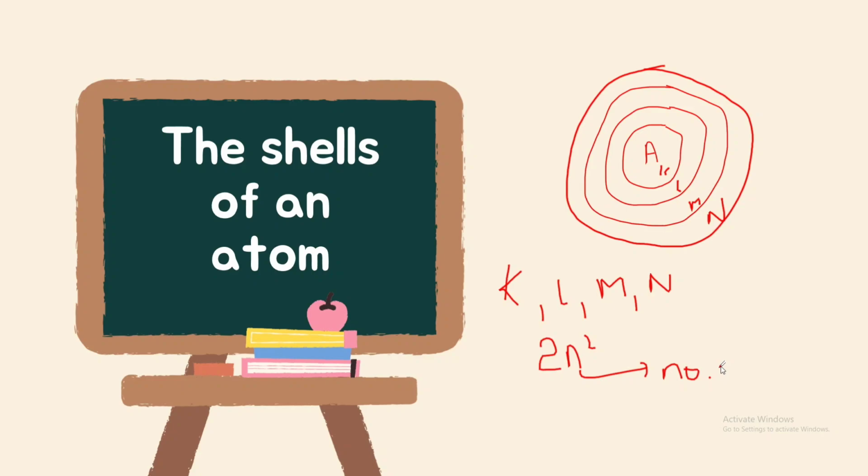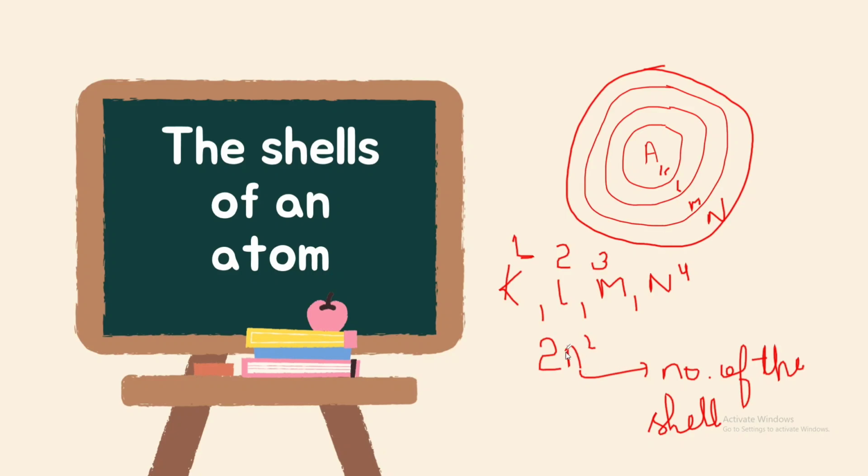The number of the shell. As you can see, this is the atom. The first shell or the first orbit is K, followed by L, M, and N. So K is number 1, L is number 2, M is number 3, and N is number 4.